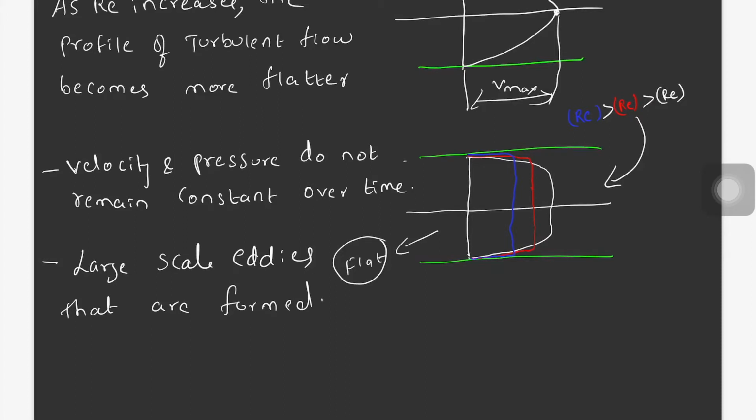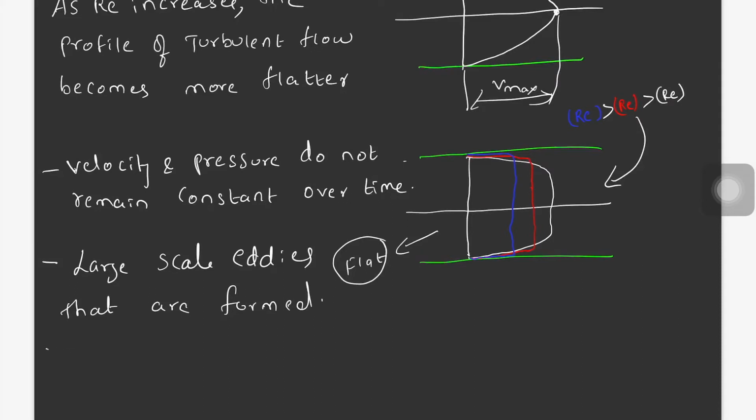If a particular value fluctuates and there is current generation because of that, then what is generated is called eddies. Velocity fluctuates very highly in turbulent flow, so large scale eddies are formed.